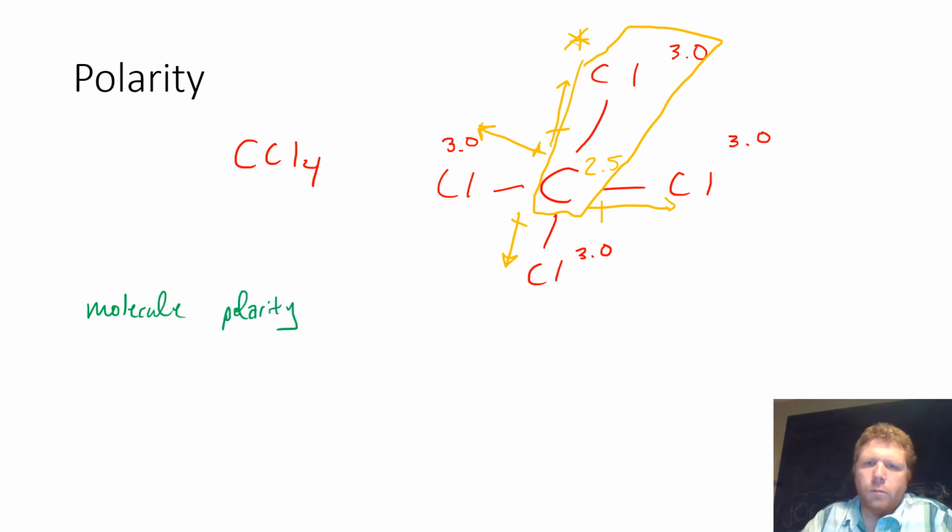Now, molecular polarity, what you're looking at is what is this molecule in terms of its overall polarity? Is this molecule polar? Okay, so when you talk about whether a molecule versus an individual bond is polar, let's look back at our CCl4. Each one of these carbon chloride bonds is a polar bond.